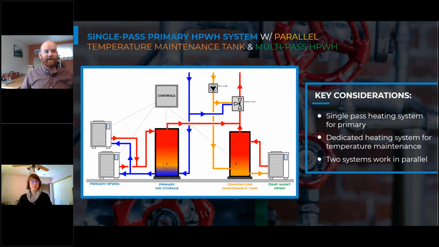If we take this hot water and put it at the bottom of our storage tank, like we do in a swing tank example, then we risk this multi-pass heat pump water heater pulling in water that's already at 140 degrees Fahrenheit, which would create issues and be a problematic operational point for that unit. So we can take this pipe and tee it in right at the top, but we don't want to take it low into that tank. We just want to use a little bit of this volume on the top to provide that buffer.